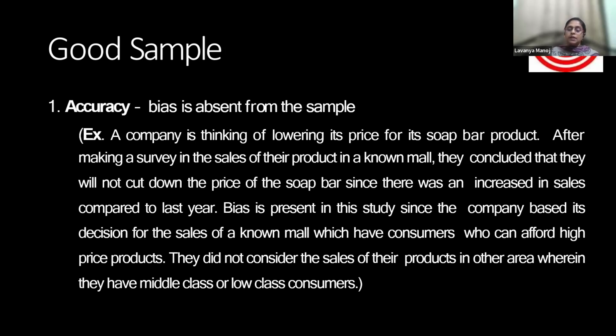They haven't considered retail outlets, wholesale distributors, kiosks, or even online sales. All their concentration of study is only on this particular mode. So how can accuracy be maintained? There is no accuracy here.